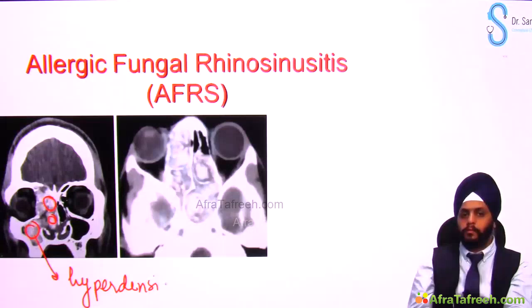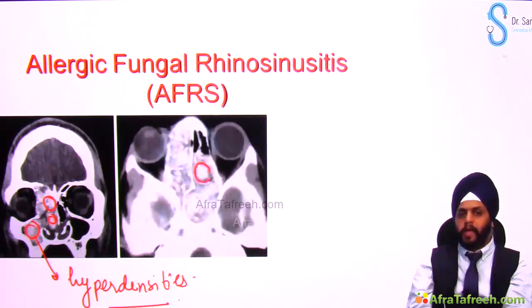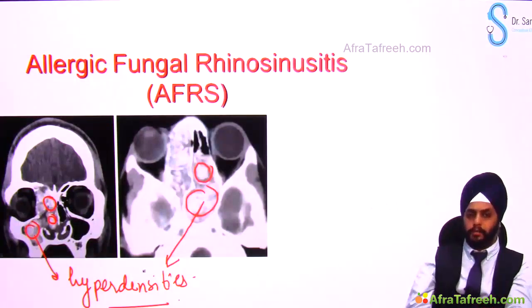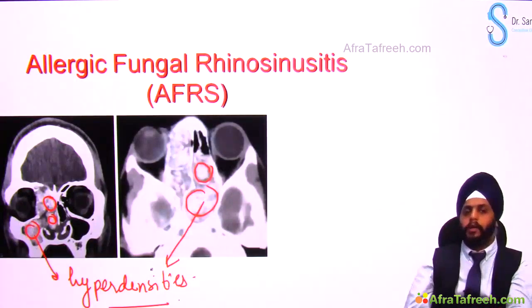hyperdensities. So in the patient, you have these hyperdensities. These hyperdensities are due to calcium deposits in the dense fungal hyphae. There are calcium deposits, and that leads to formation of these hyperdensities.